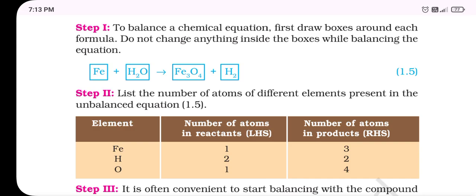Hydrogen is 2 at the left side and again 2 at the right side. There is no imbalance in hydrogen, but the total equation is unbalanced just due to one unbalanced element. Oxygen at the left side is 1, and at the right side oxygen is 4. Oh my god, so we have to balance it.